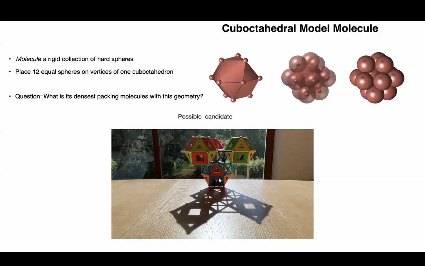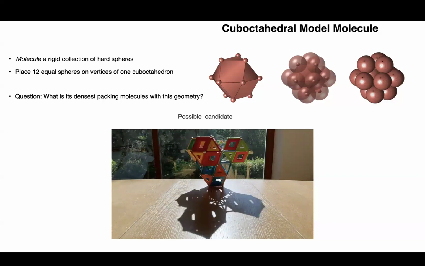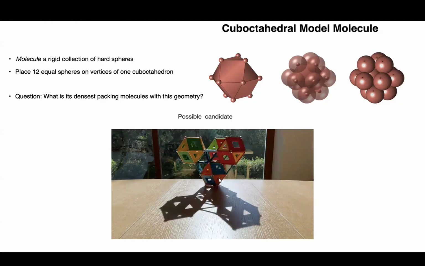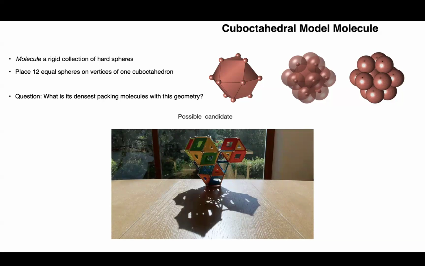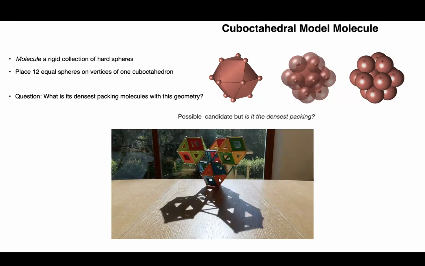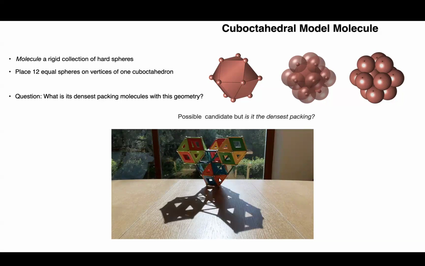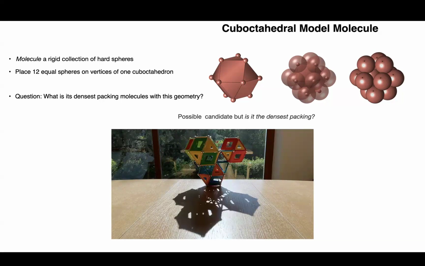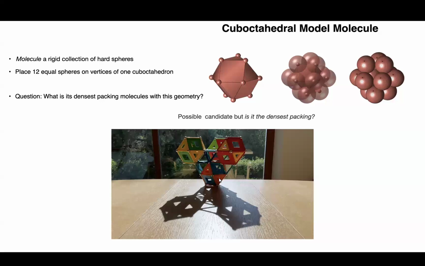This is my guess at how such a packing configuration would look. This is one possible candidate, but is it the densest possible? I'll leave you wondering for a while, or we can make a vote. This is the densest, I think. We'll find out.